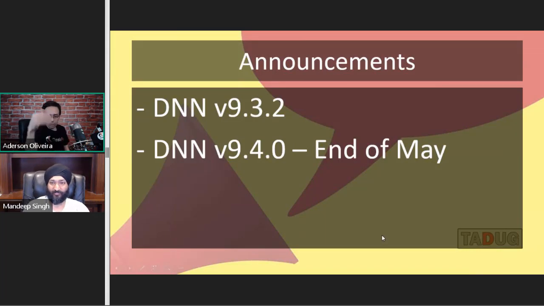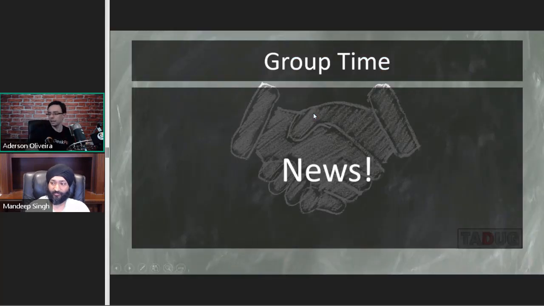If we have a look at the road ahead of DNN, we have DNN 9.4 coming up by mid-May, end of May, if all goes well with the schedule of the roadmap. Those are the two things that I wanted to highlight in terms of what's going on with the new versions of DNN. So again, hot off the press, DNN version 9.3.2 is live.